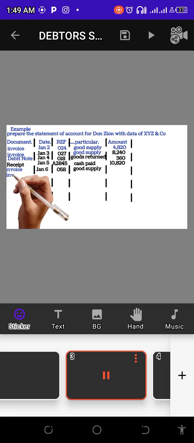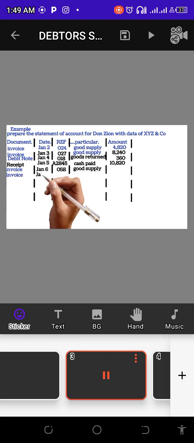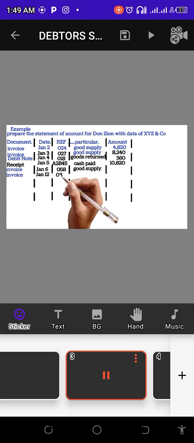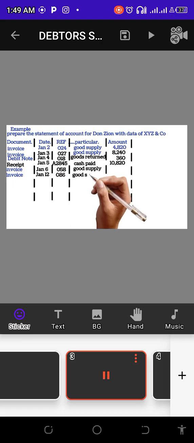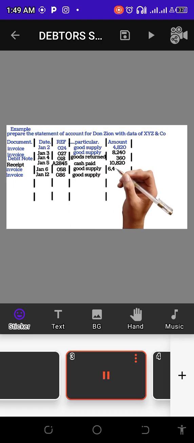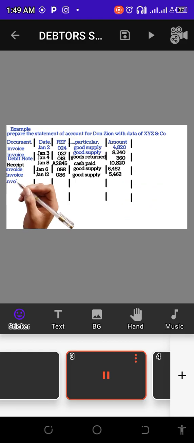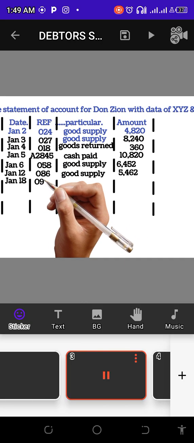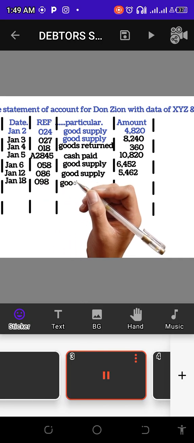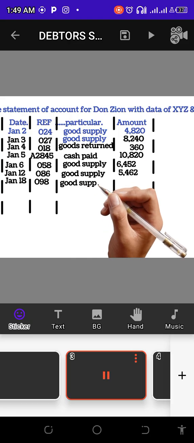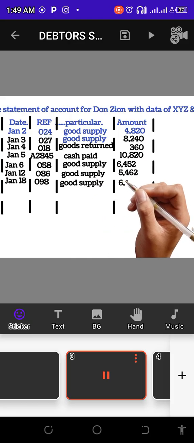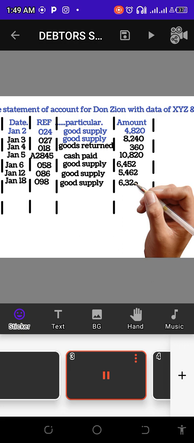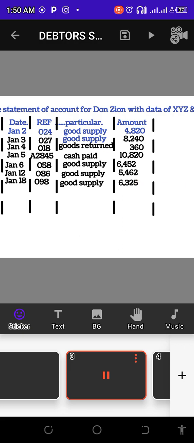Now the next one is invoice by January 10, goods supply. Let us first of all put that one. The goods supply is 5,462. On the 18th, there was goods supply also, and the amount is 6,325.